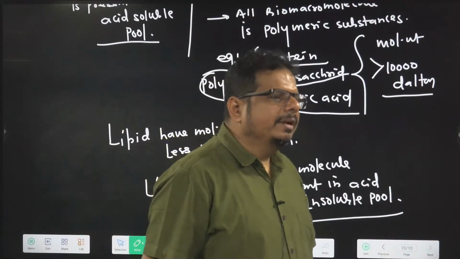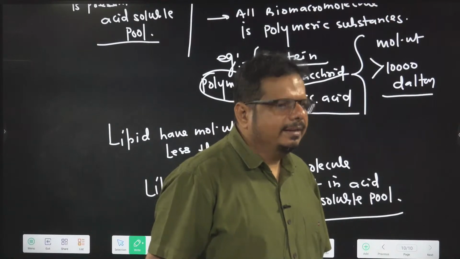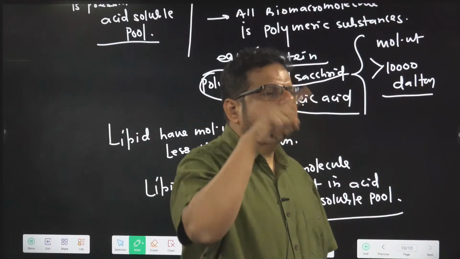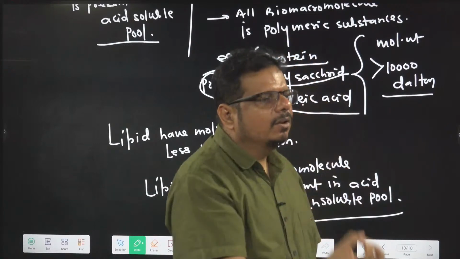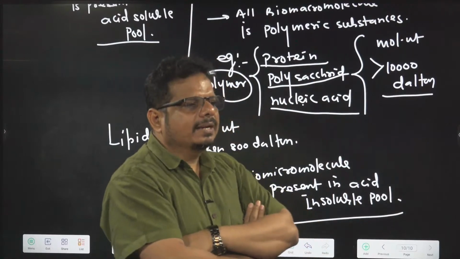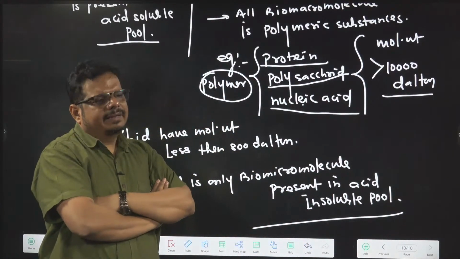Lipid is present in the plasma membrane. It has both hydrophobic and hydrophilic ends. When we break the plasma membrane, lipid forms vesicles, and these vesicles do not pass through the filter. That is the reason lipid is present in which fraction? Acid insoluble fraction, besides having a small size.